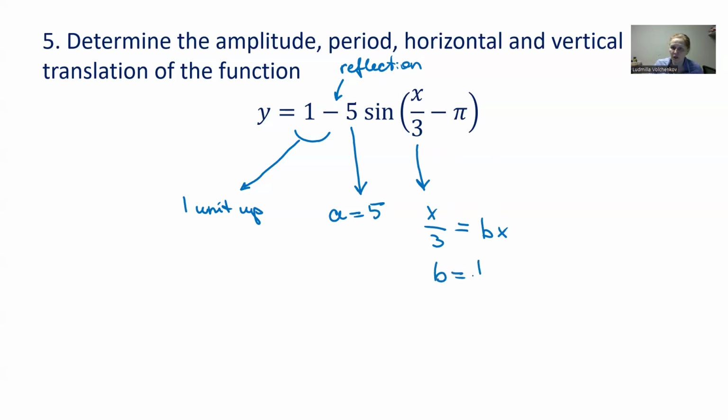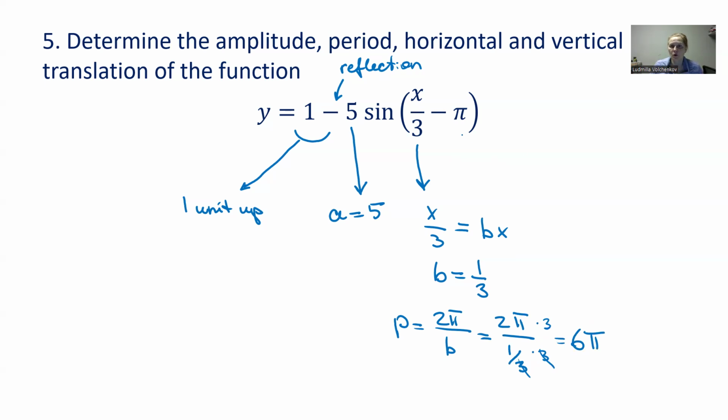In this example, b equals 1/3, so the period will be 2 pi over b, or 2 pi divided by 1/3. You can multiply by 3 numerator and denominator and receive 6 pi. So the period is 6 pi.